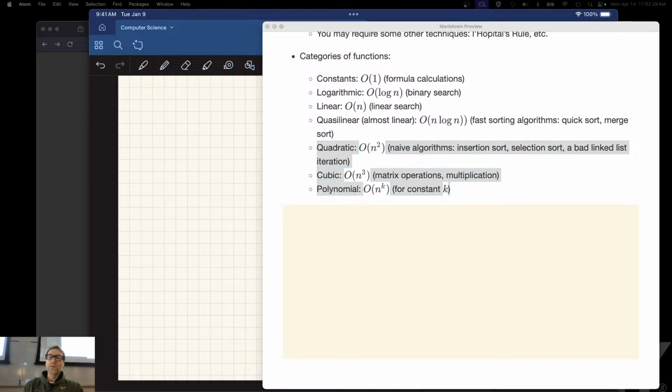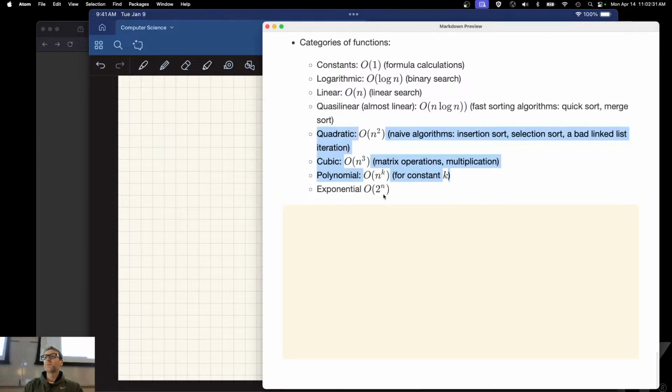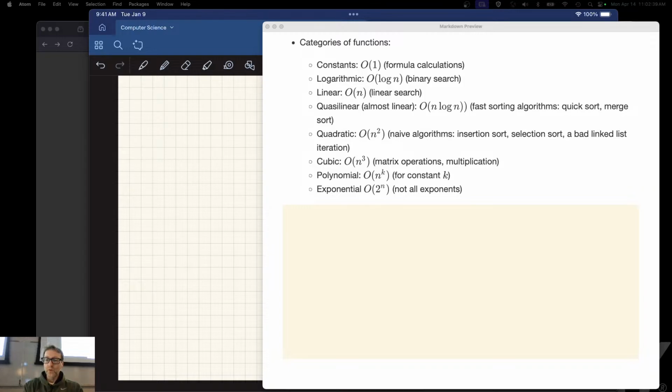Now, if you want to go even further, you'd have, say, exponential, which is 2 to the n, right? And not all exponents are equal, right?